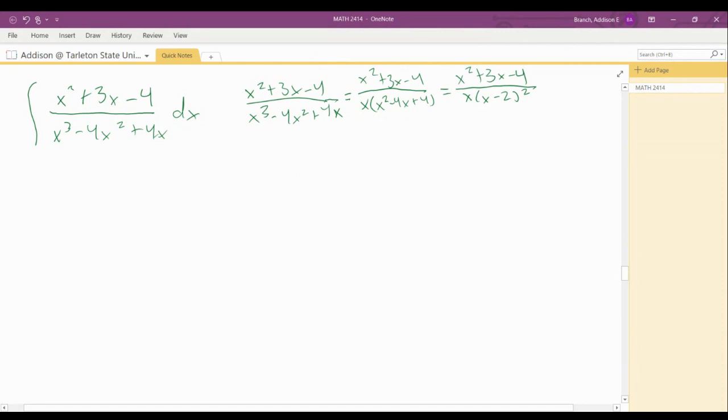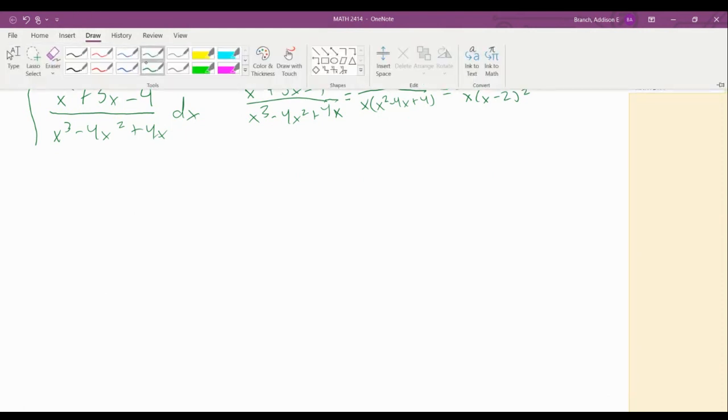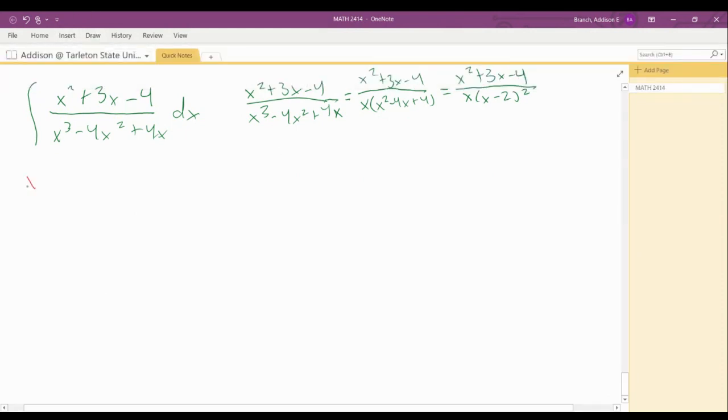So things are a little different if one of our factors is squared, or raised to any power. So what we do right here is we still do our basic premise whenever we do partial fractions.